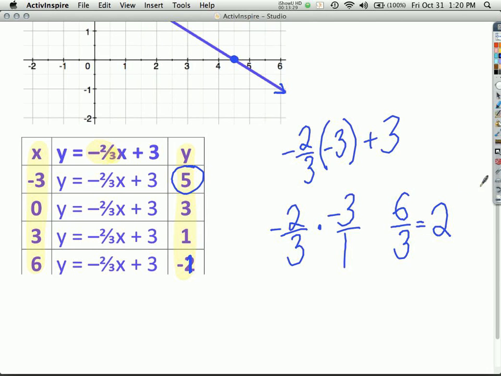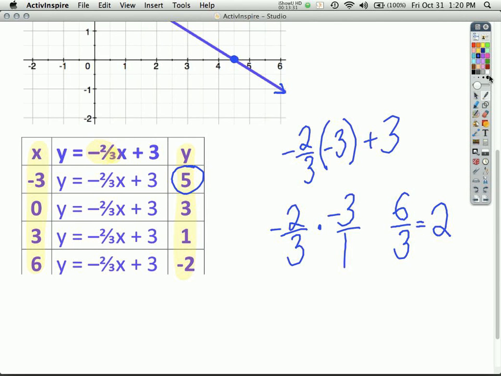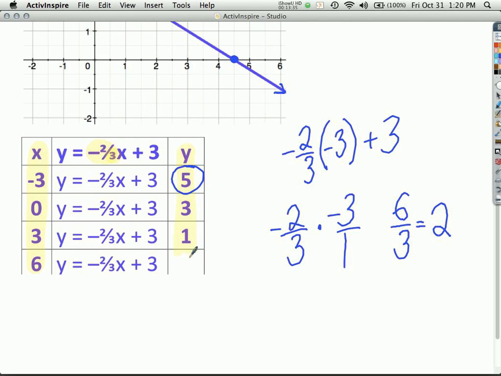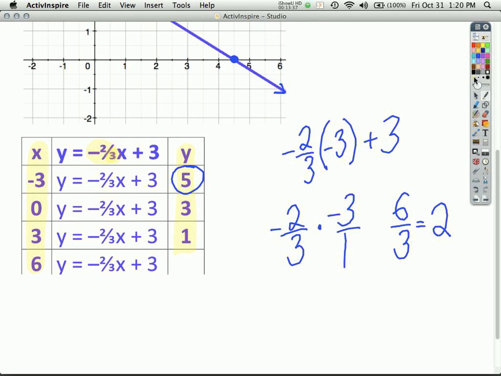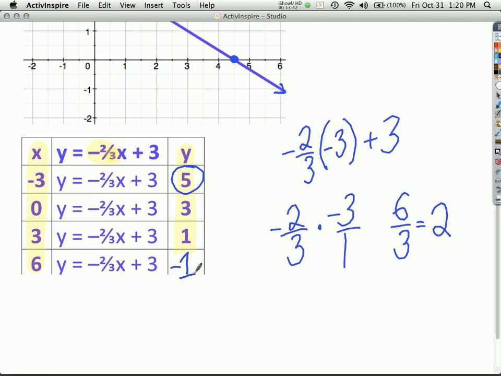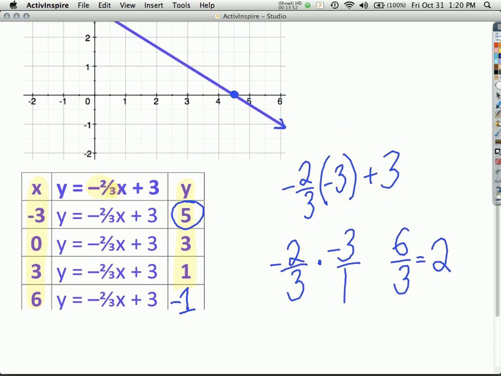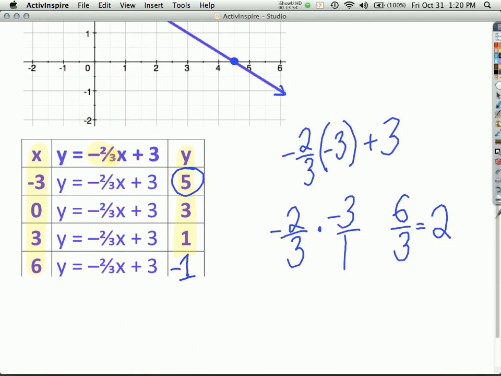That's supposed to be a -1. So I'm not sure what I did, but clearly I made a mistake. So right there is supposed to be a -1. And Michael, thank you very much. Remind me to add a bonus point on your slip for you for catching that mistake. You're the first person to catch that, even though I've done this with 2 classes already. So that's very good. Okay?